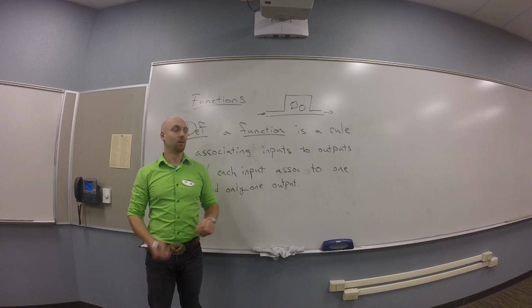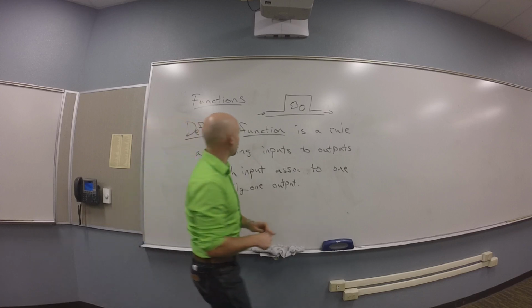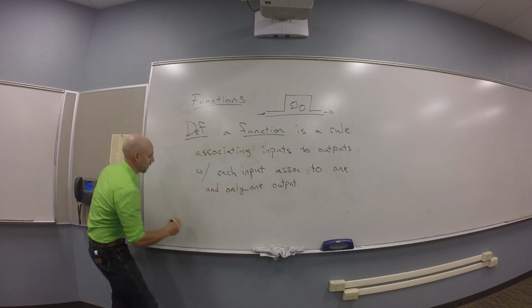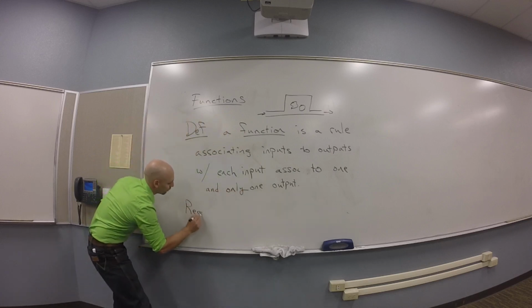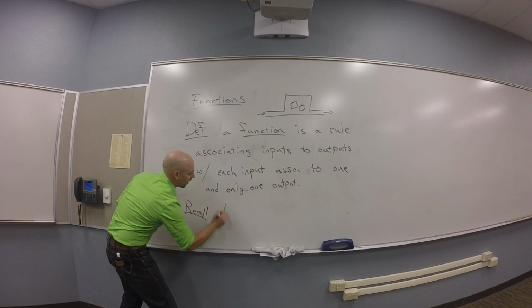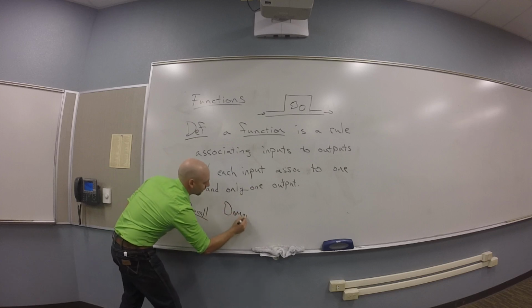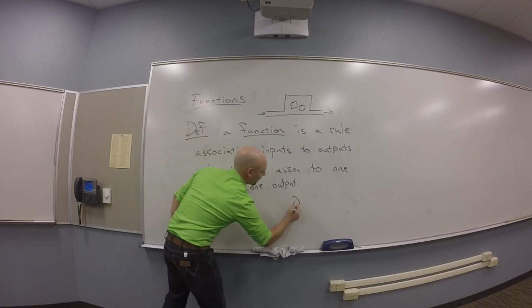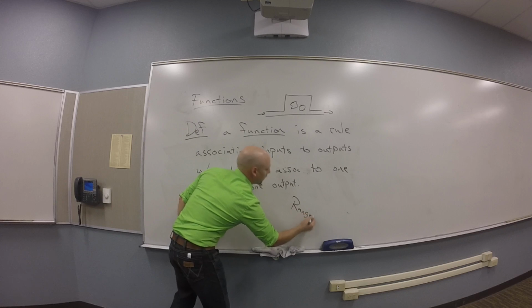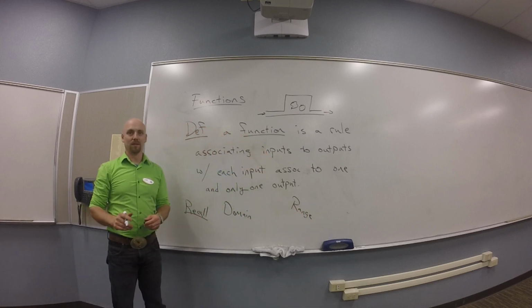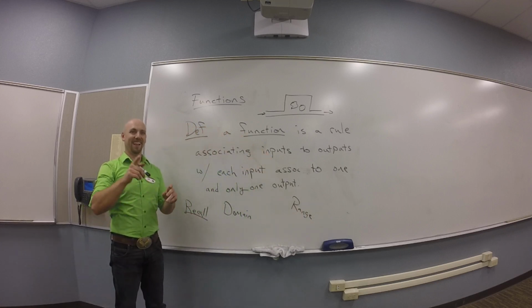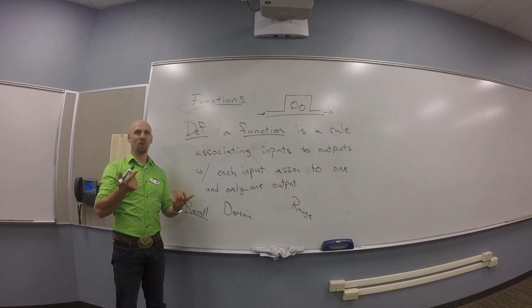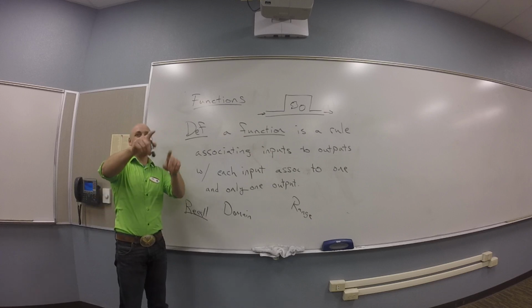Yeah. Okay. So then we need a couple of associated words. I just want you to recall these because I think you've probably seen them before. What's a domain? And what's a range? X is domain. The domain is all the x values and range is all the y values. Domain is the inputs and range is the outputs. Yeah, that's what I want.